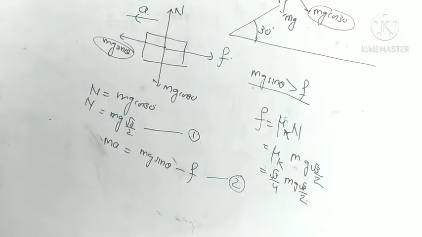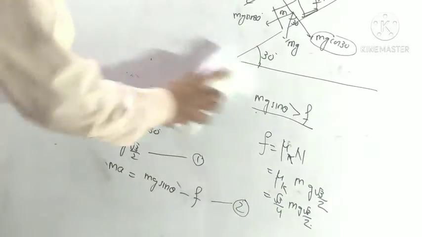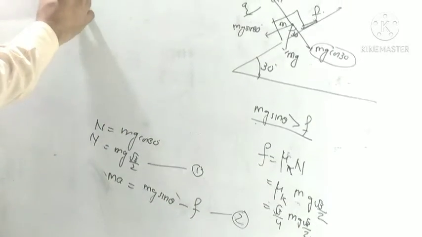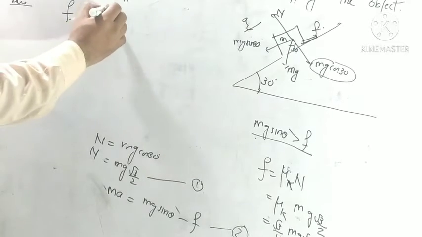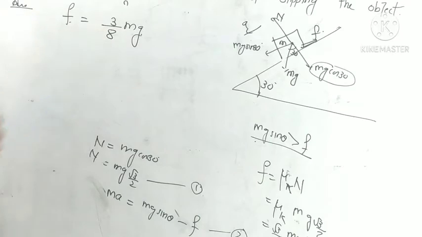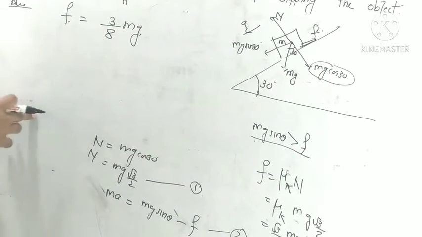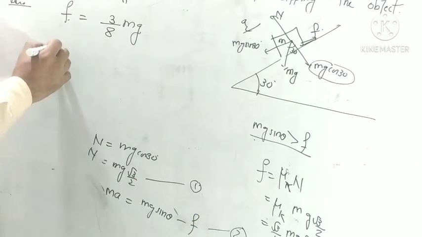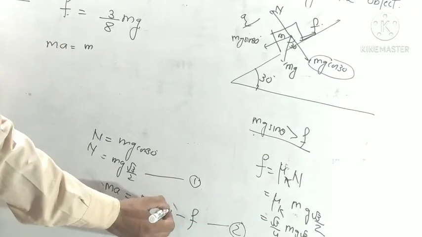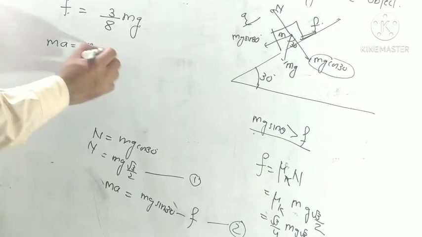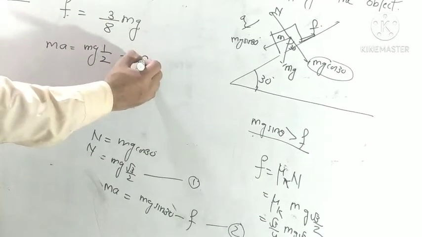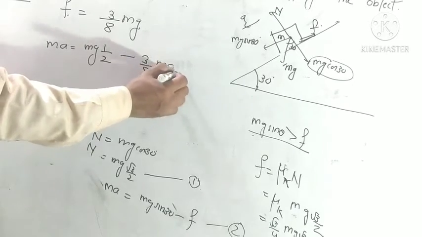So finally the frictional force is equal to 3 by 8 mg. So we put this value in equation number 2. ma is equal to mg sin 30 degrees, which is 1 by 2, minus 3 by 8 mg.